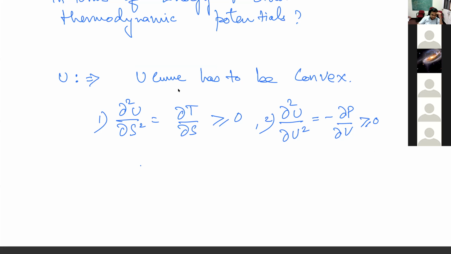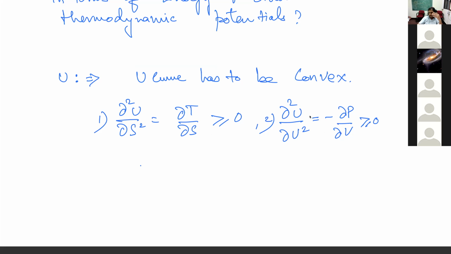Okay, and of course entropy has to, sorry, so the internal energy has to be minimized, right? So, sorry, I think the signs are wrong here. Okay, so ∂²U/∂S² should be less than or equal to 0, where this ∂U/∂S you can write as T, so ∂T/∂S should be less than or equal to 0. Okay, and similarly ∂²U/∂V².